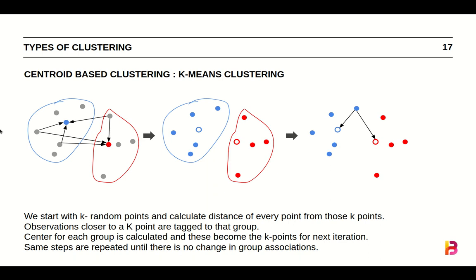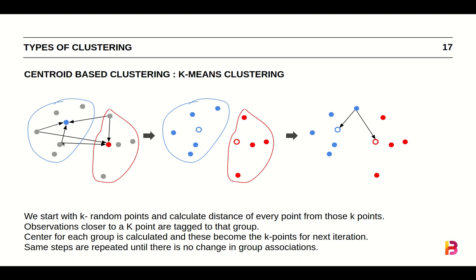We start by calculating distance of every point from both these centroids. So imagine this point, we calculate distance of that point from this centroid and this centroid. Now to whichever centroid it lies closer, it is tagged as that belonging to that particular group. So let's say this blue was group 1, so this becomes group 1.